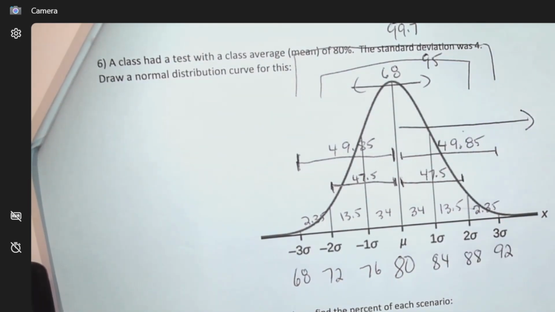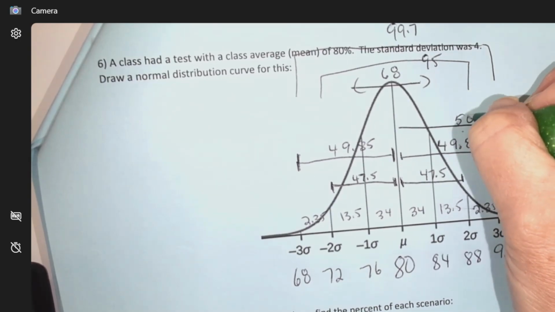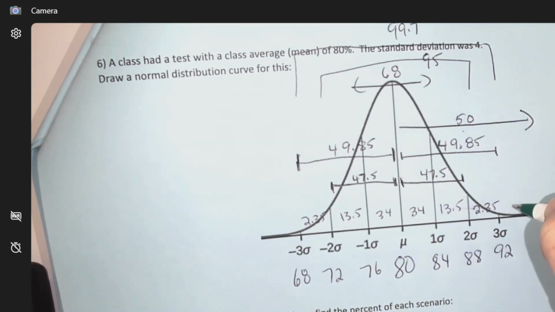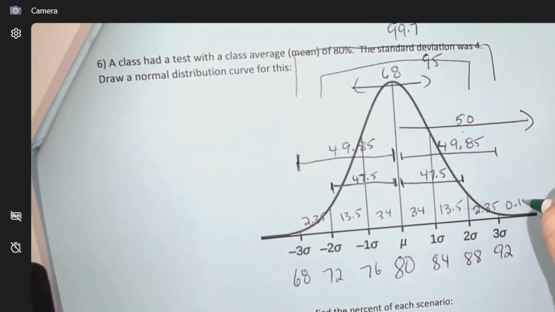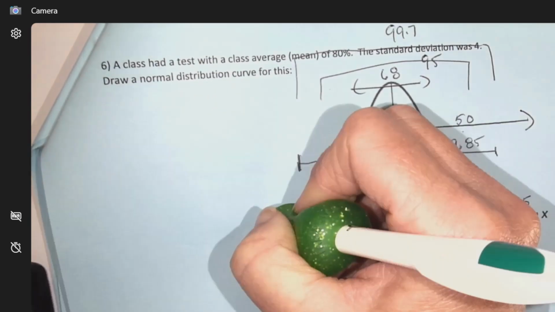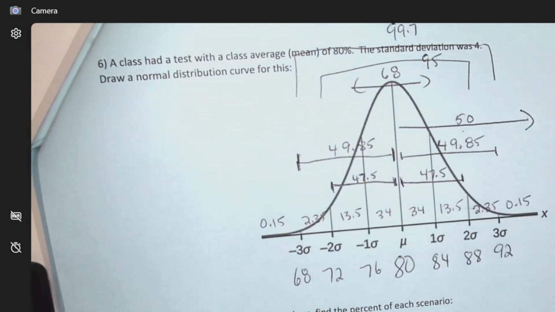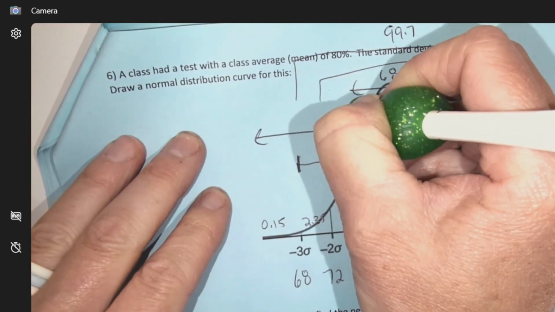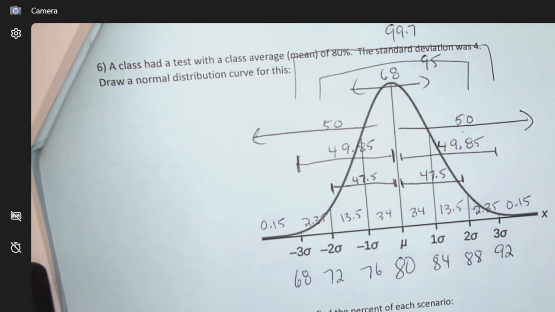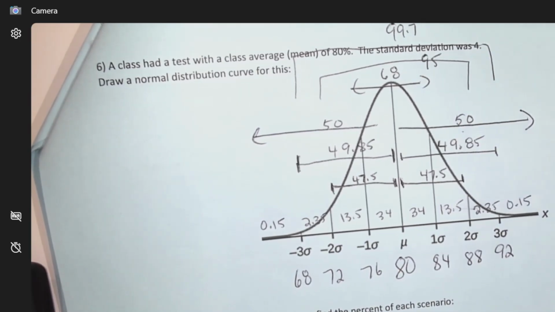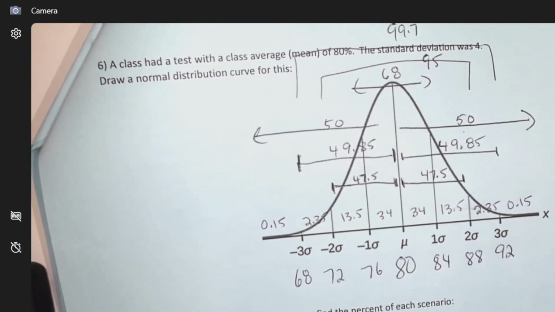From the middle up should add up to 50. So there's a little bit left there, right? Because there's 99.7 within the threes, so there is a little bit out on the outsides.